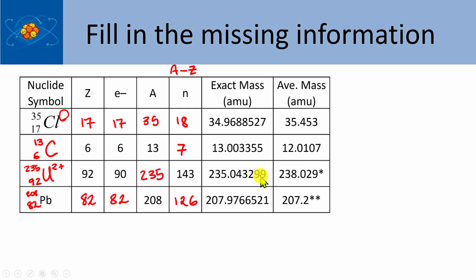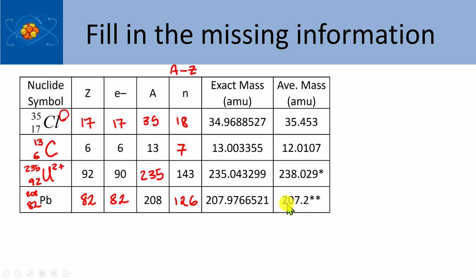All right. Now, why do these have differing amounts of precision? The reason for the differing amount of precision is variability of the isotope abundances even on Earth. So typically this is what you'll see for most elements, but you notice that lead 208 has an exact mass of 207.97.